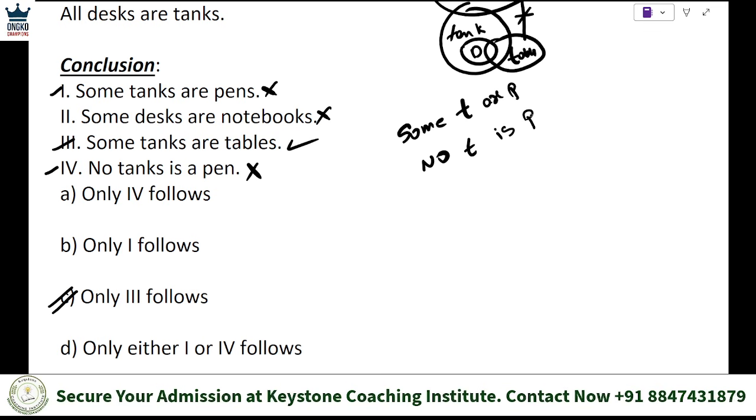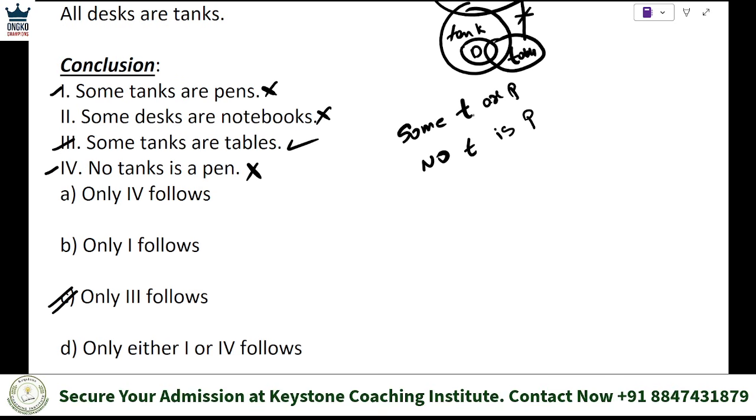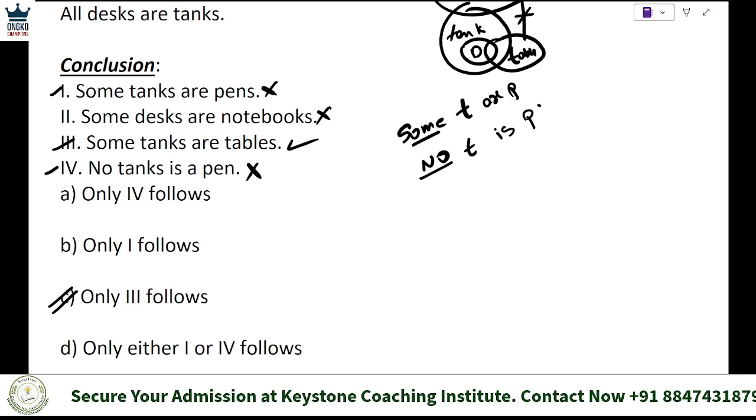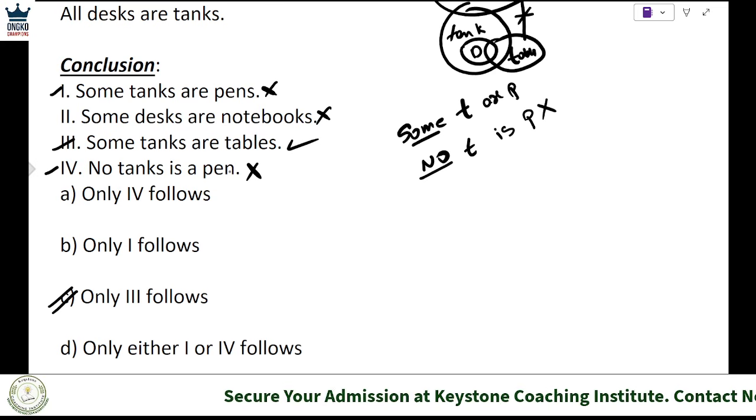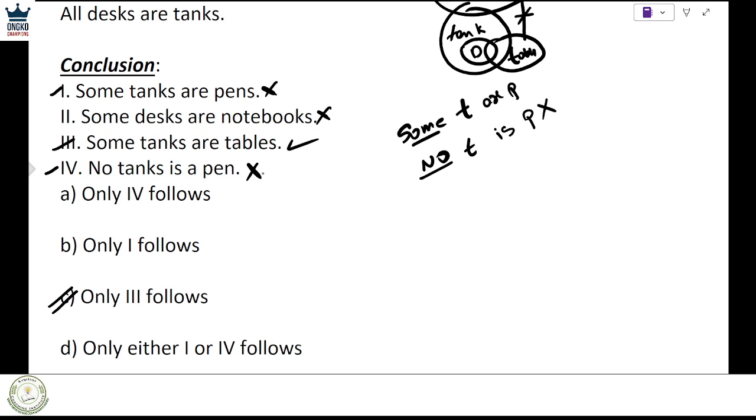Same two objects, tank and pen, but some versus no. We need to check the negative word, no, whether it is false or not. So for 1 and 4, there is already a negative, and it is false. So we can use either 1 or 4.